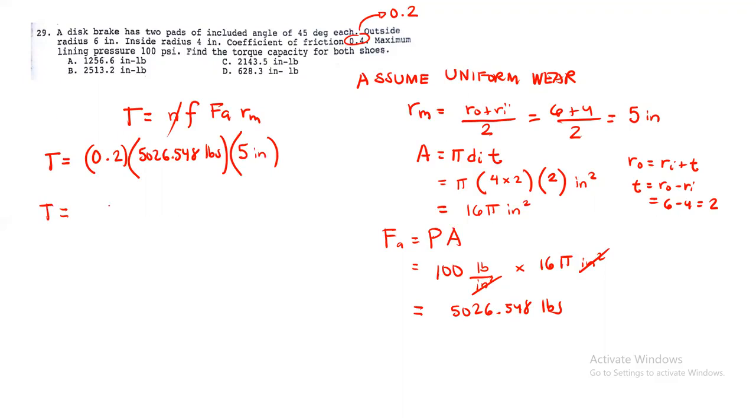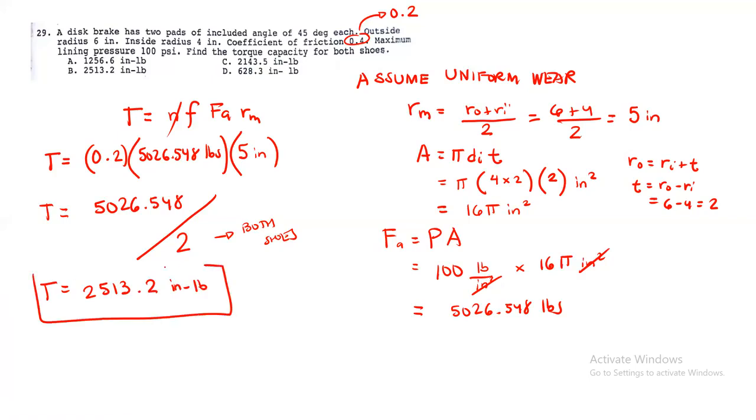We divide that by 2 for both shoes. So the torque is 5,026.548 divided by 2, and the answer is 2,513.2 inch-pounds. That is the answer, letter B.